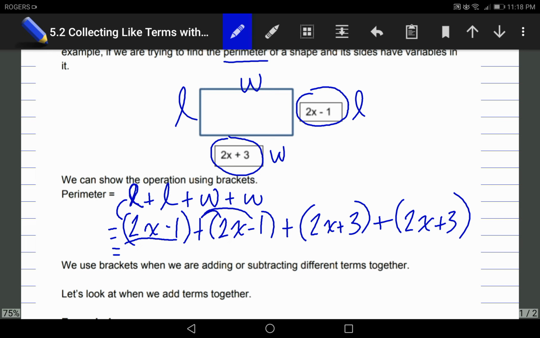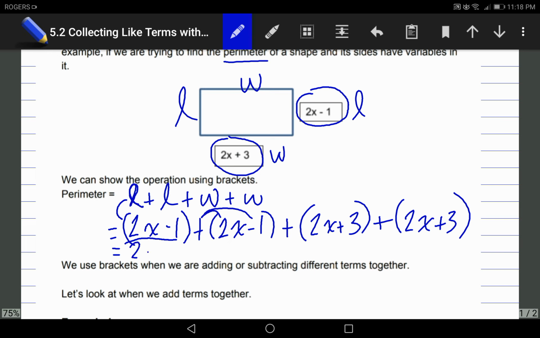But you want to understand that you should use brackets to begin with, because when we move on to the next question, we're going to be subtracting. And you're going to see that when we subtract, we get a slight difference whether we have brackets or not. When you're adding, it doesn't make a difference.